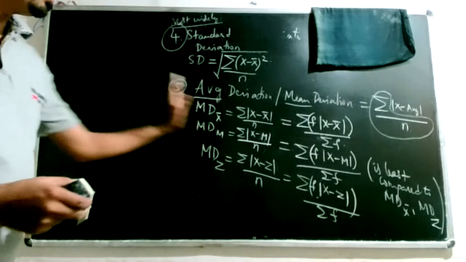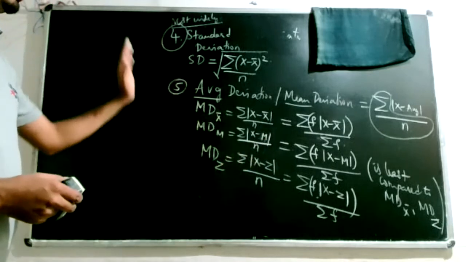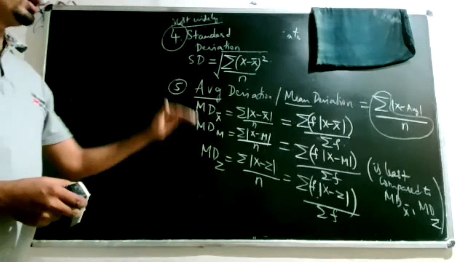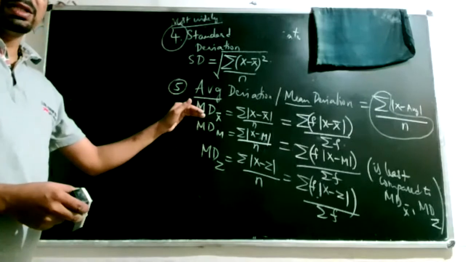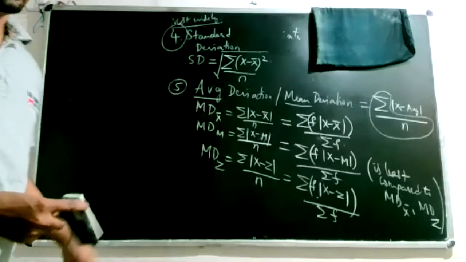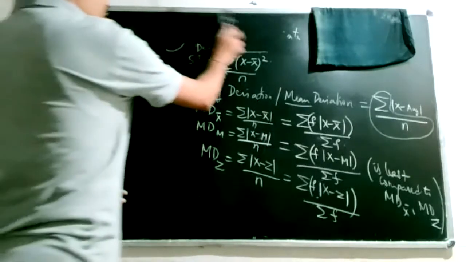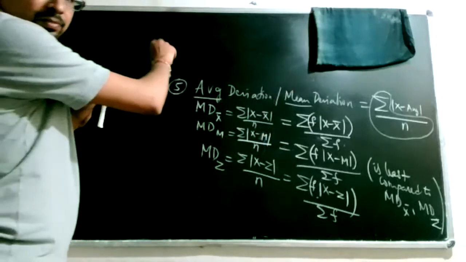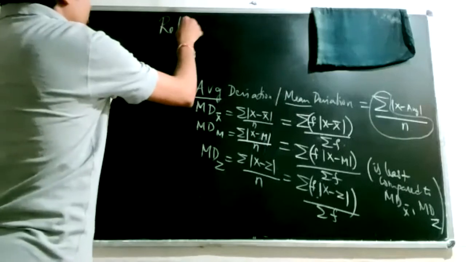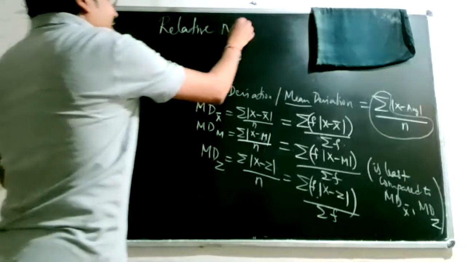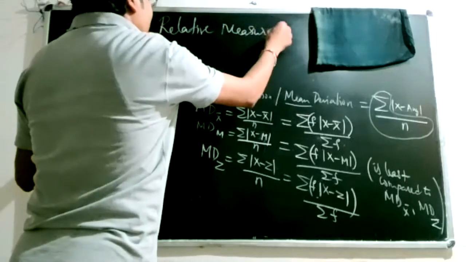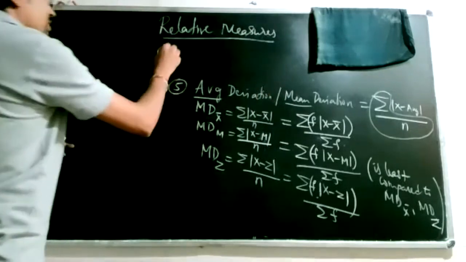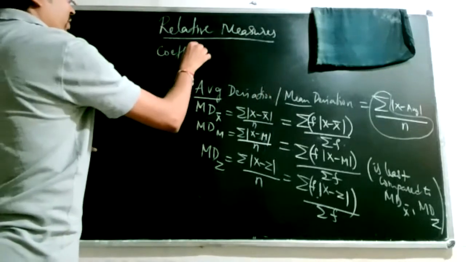Now, for each of these measures, we try to obtain a measure based on this only, but such that it produces a unitless measure, and those are called relative measures of dispersion. For each of the cases, we could just simply obtain a coefficient.